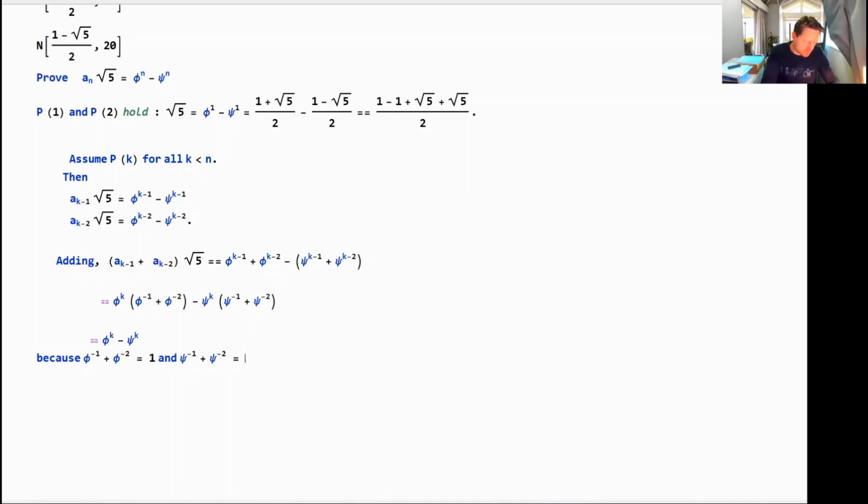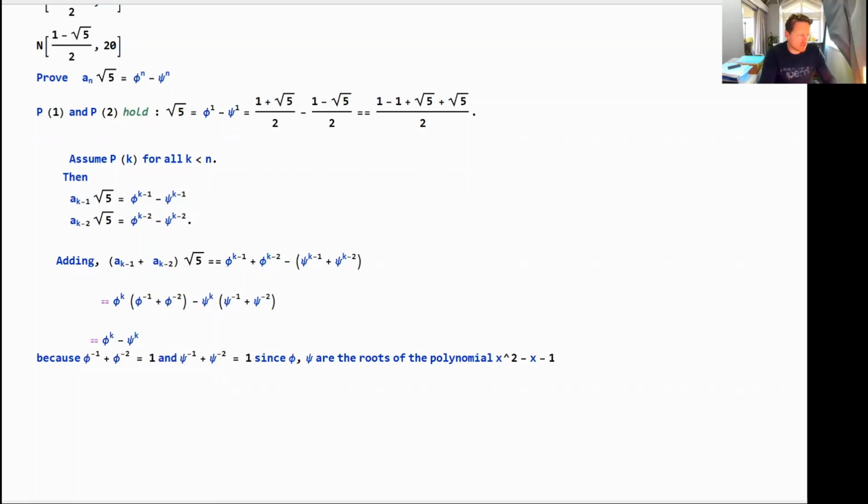So both of these are equal to 1, since phi and psi are exactly the roots of the polynomial x squared minus x minus 1.